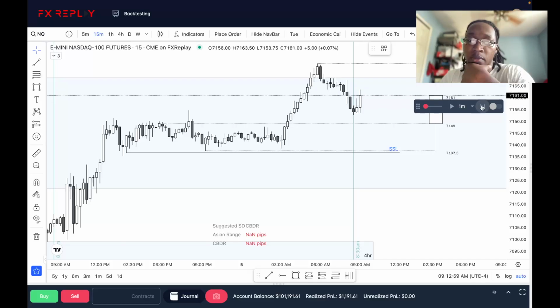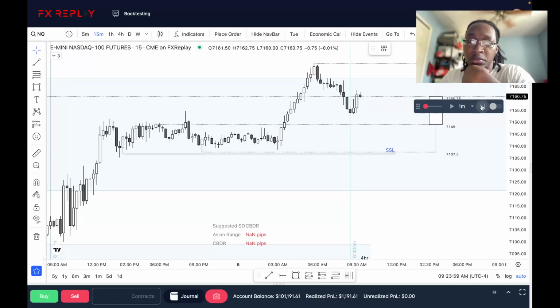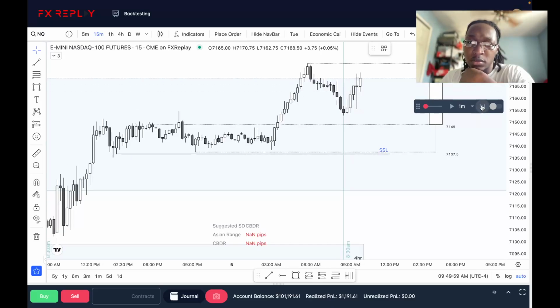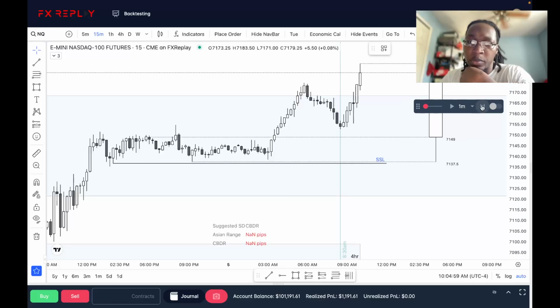This was 9 a.m., 9:15, 9:30 opens. Auto whipsaw. See, do we take out the high? And we push a little higher?